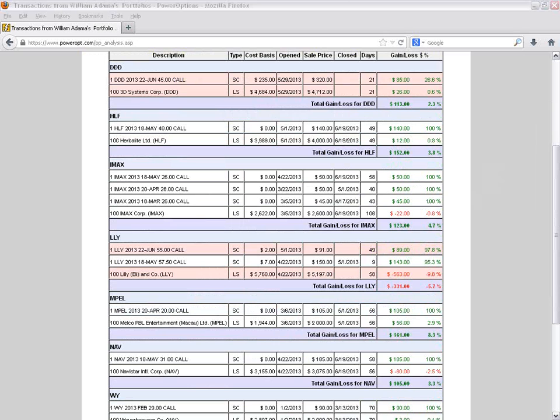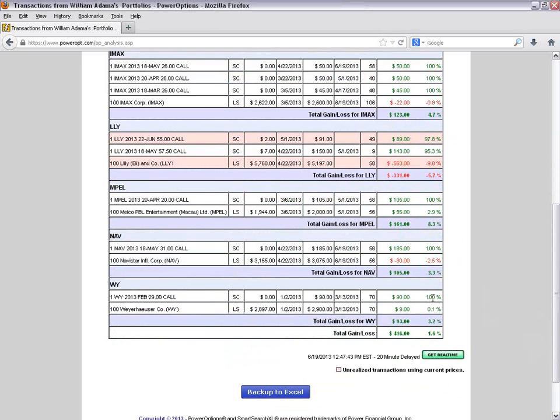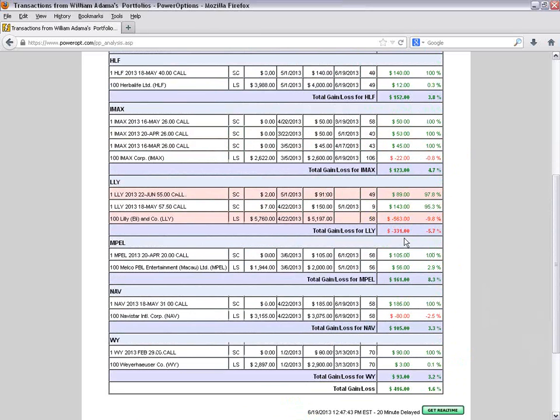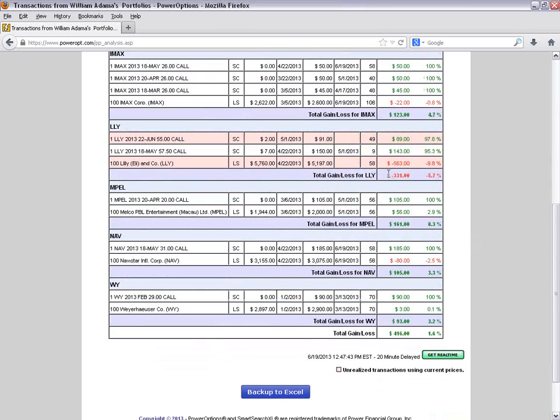Since 2013, it's not that active, but we have 7 covered call positions that we've entered. Of those 7 positions, we've been right and got assigned for the maximum gain on 5 of them, 5 out of 7, and 1 of them we had to manage, but we still had a profit. So we have a profit on 6 out of 7 covered calls.